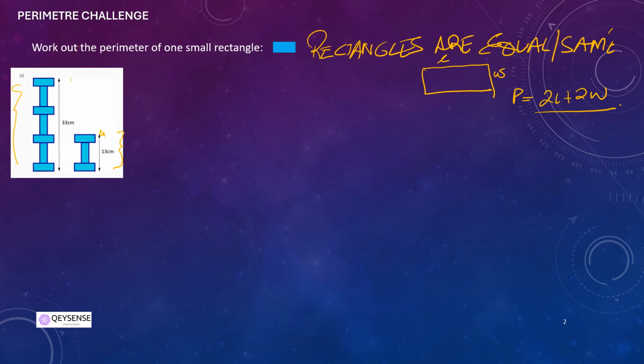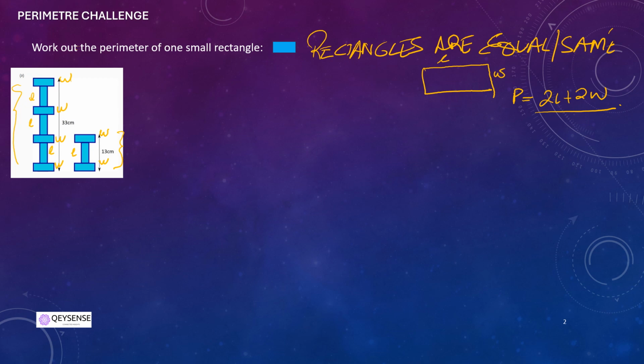Here we've got a W, this is a W, this is an L, this is an L, we've got a W, W, L, L, W, W. So effectively, this tower is made up of two rectangles, one on its side at the bottom, one vertically, and the big one's made up of four on their side and three vertically.